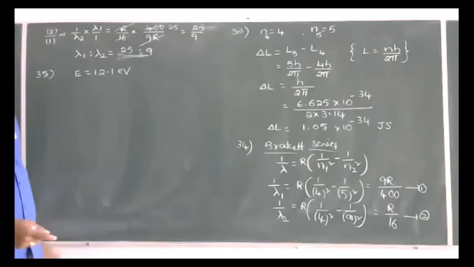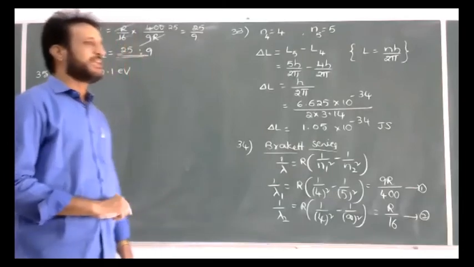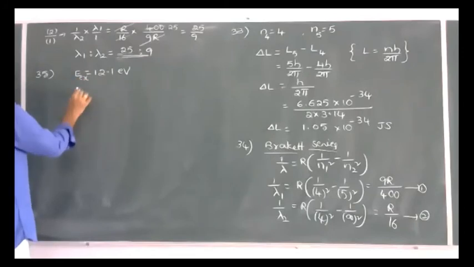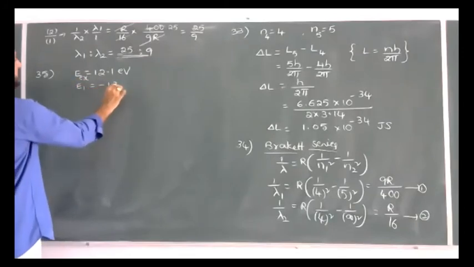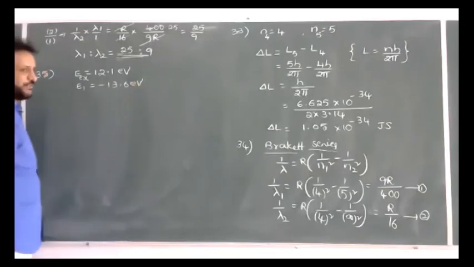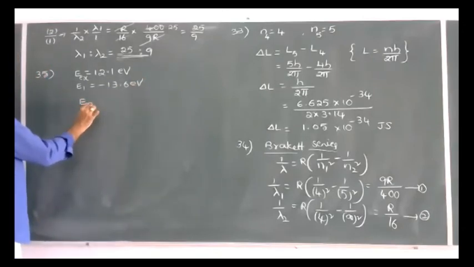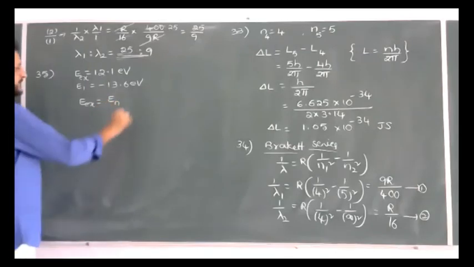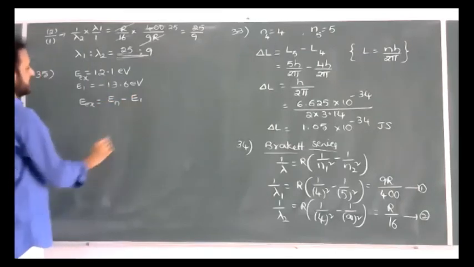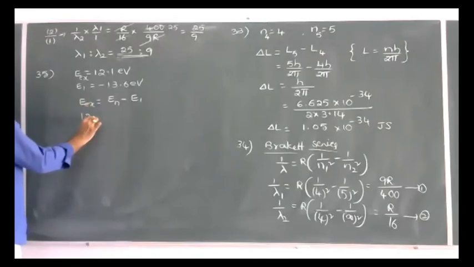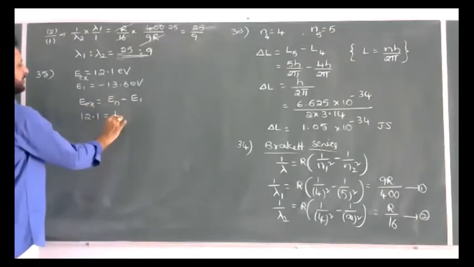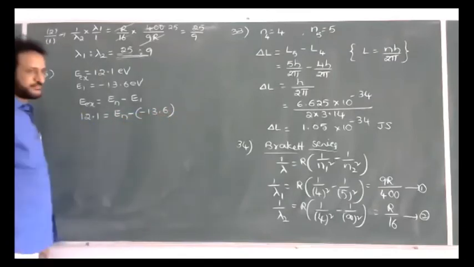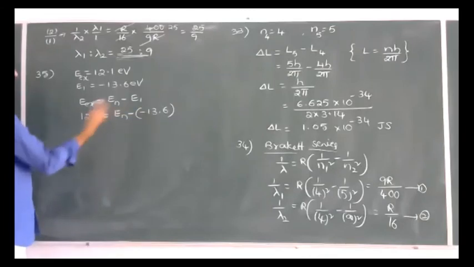So initially hydrogen atom is in the ground state, but we have supplied energy equal to 12.1. So it is E excited. But E1 is equal to minus 13.6 electron volt. We know E excited is equal to E higher orbit, that is nth orbit which we don't know, minus E first orbit. 12.1 is equal to E nth orbit minus of minus 13.6, take the value to the left side.